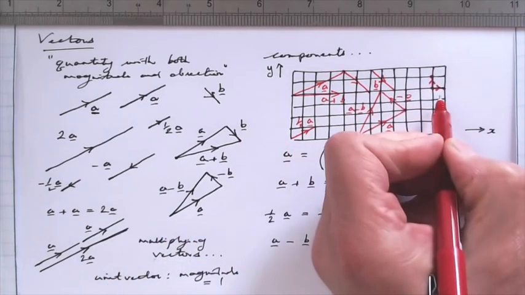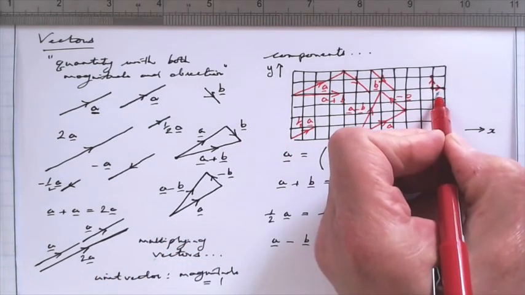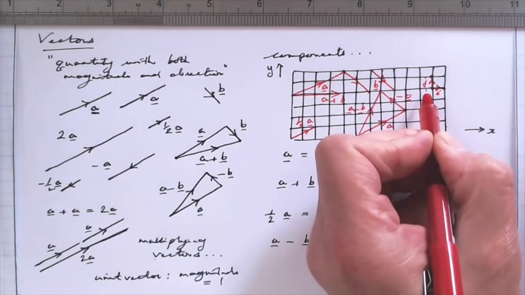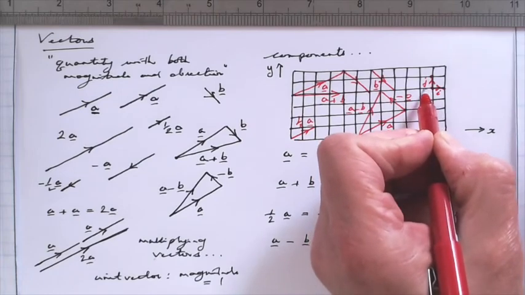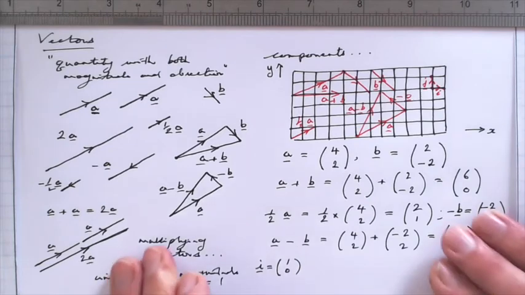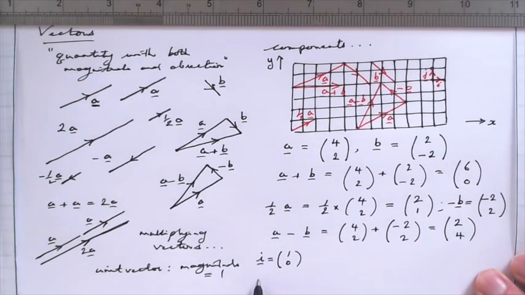And the convention is that we call the little unit vector in the x direction i, and the little unit vector in the y direction j. So we would define i as 1 in the x direction, 0 in the y, and we would define j as 0 in the x and 1 in the y.